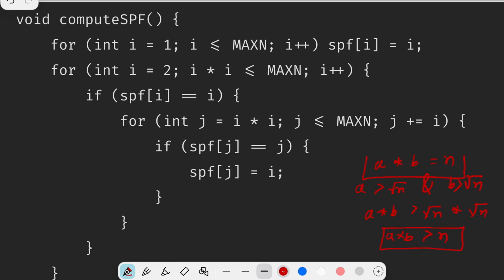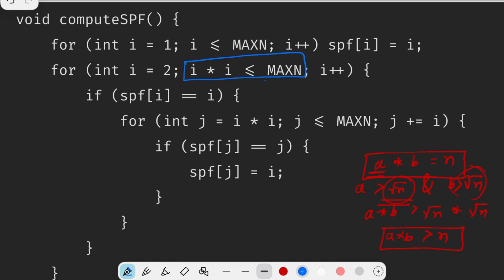But remember, A into B is just n. So you can never have two numbers or two prime factors where both of them are greater than root n. At most you can have only one prime factor which is greater than root n, not both of them. So we are just going till I into I.